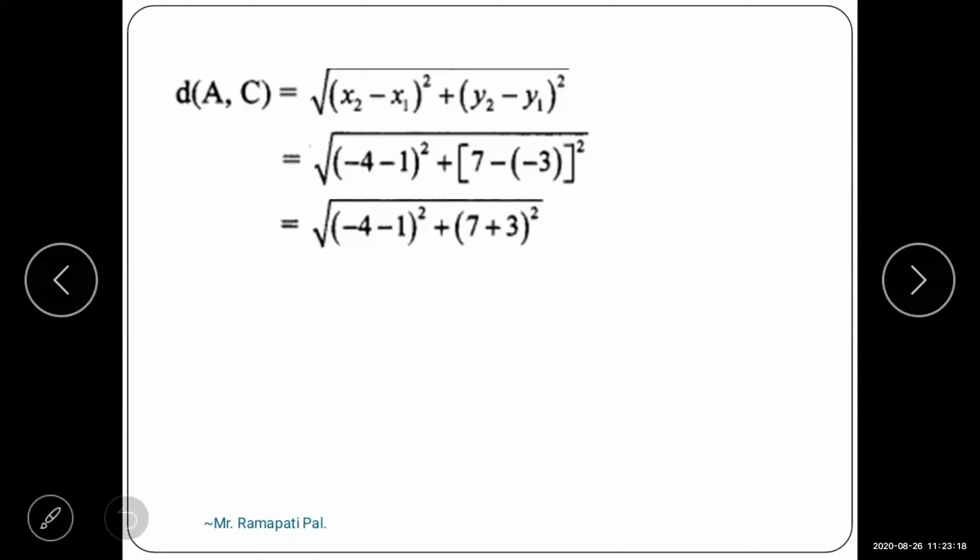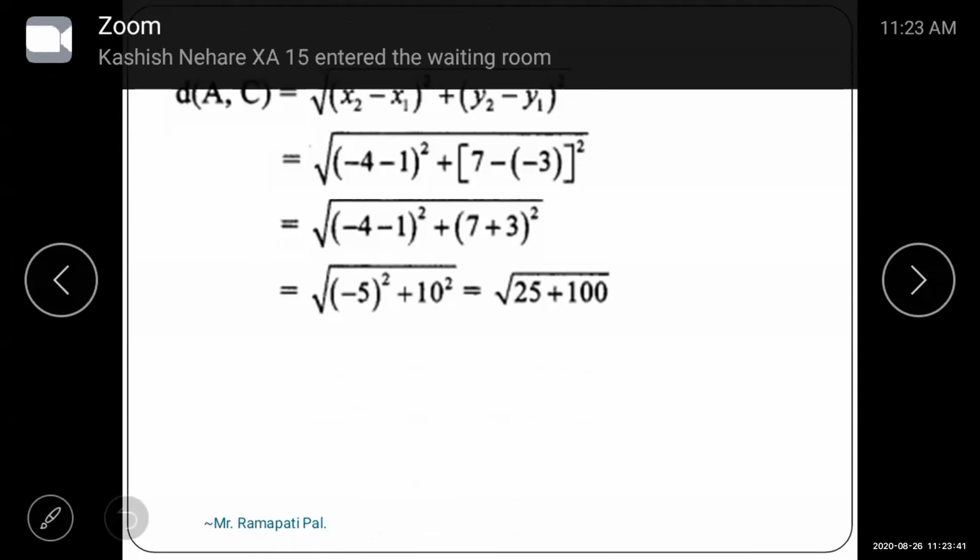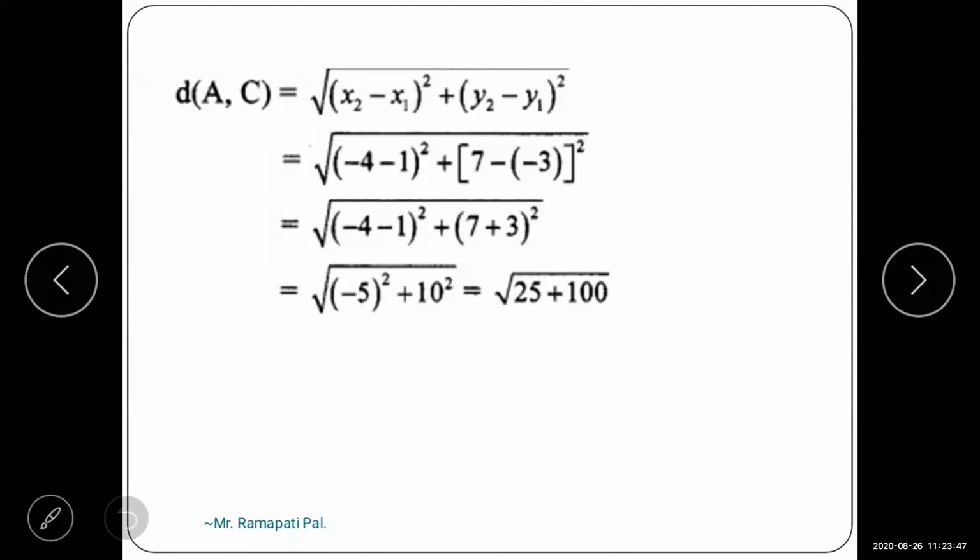So 5 square plus 10 square. 5 square is 25, 10 square is 100. 25 plus 100 is 125, so it is root 125.